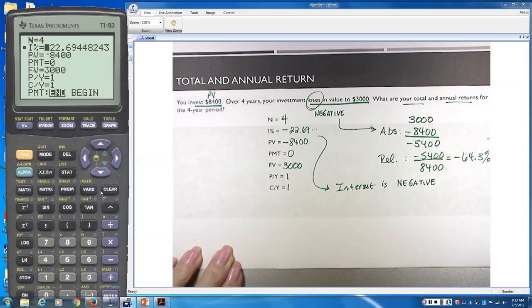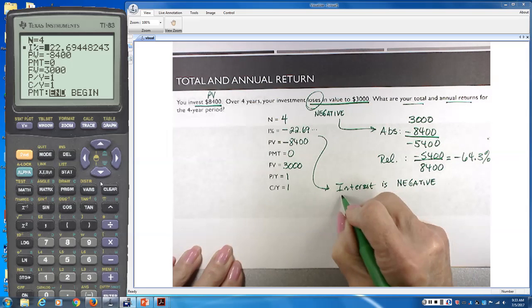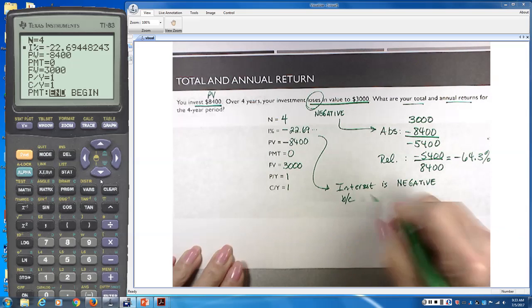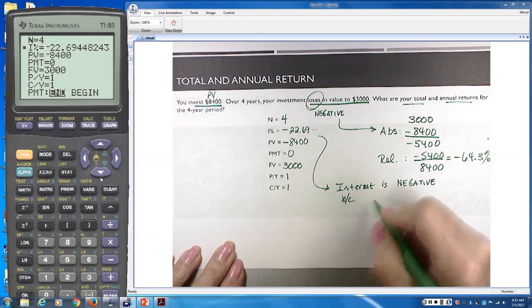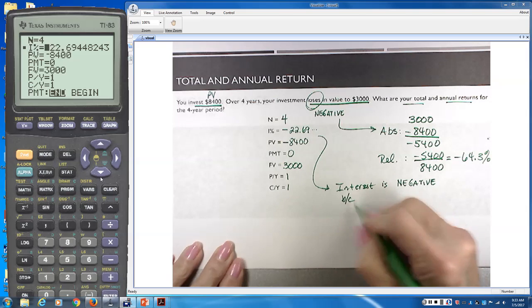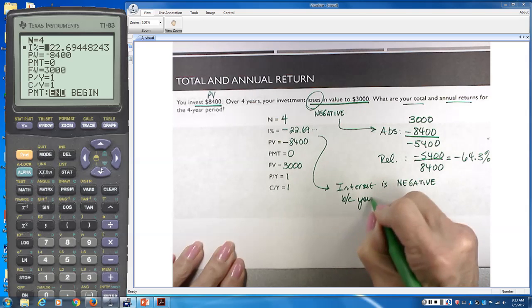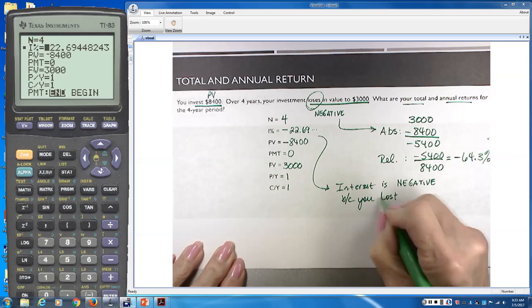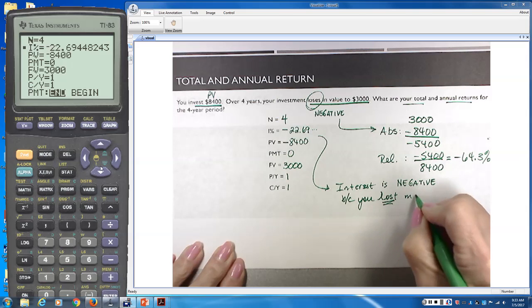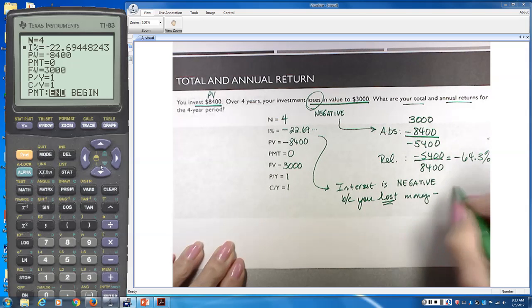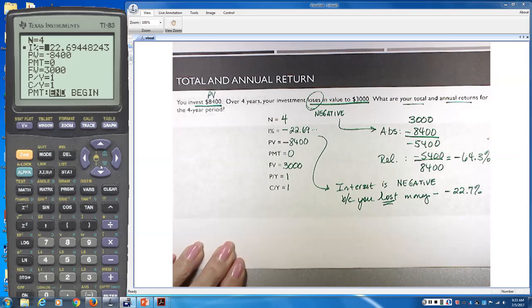Because remember, it's negative because you lost money. You want us to round up to 2270? Yeah, you can round it to 22.7%. Okay?